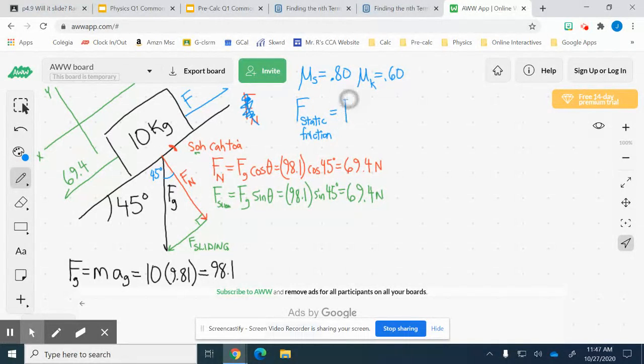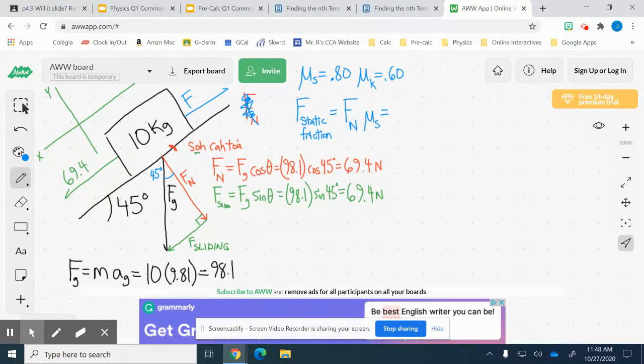So that's going to be the normal force perpendicular to the ramp times the coefficient of static friction, whatever it is. In this case, it's 0.8. So we've got a normal force of 69.4 newtons and a coefficient of static friction of 0.80.